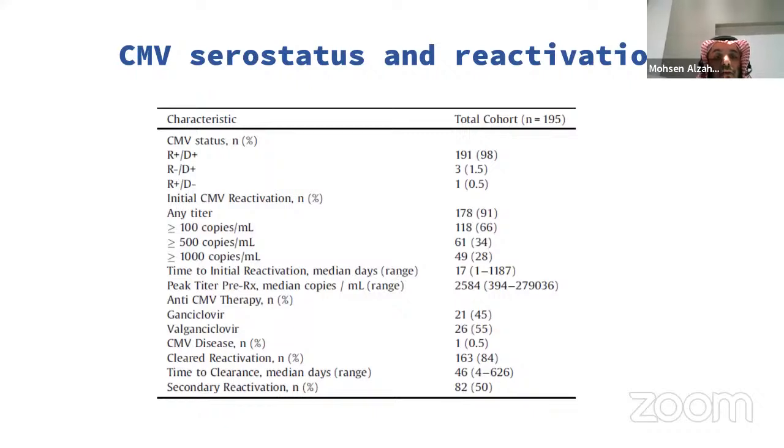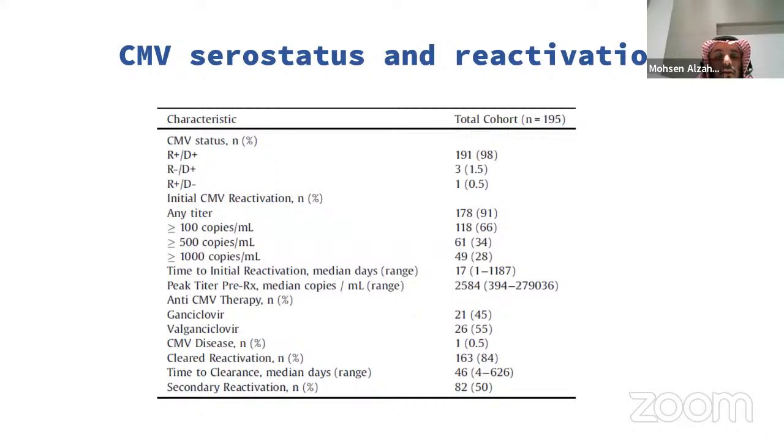So the serostatus here, recipient positive, donor positive, was 98%. Three patients with negative serostatus received cells from a positive donor, and one patient who has positive serostatus received cells from a negative donor. Reactivation of any titer happened in 91%.